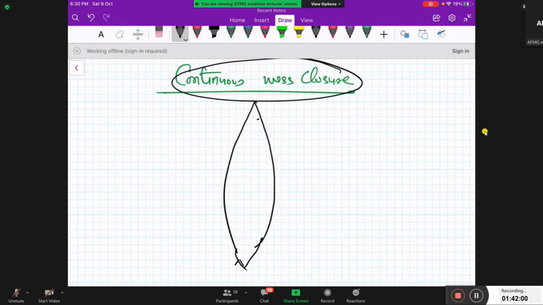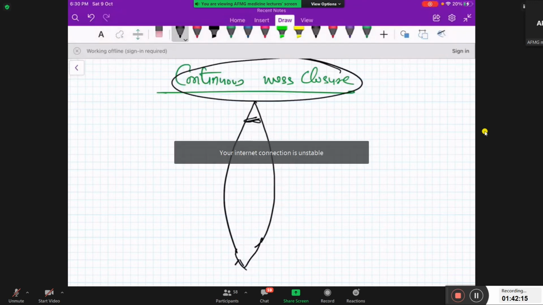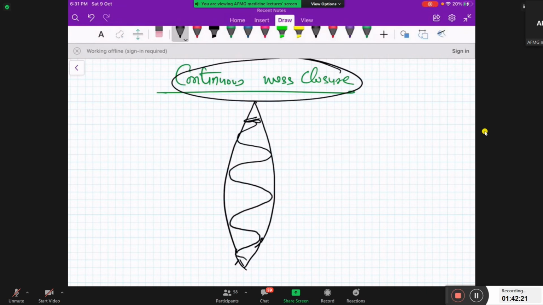Then you come to the opposite side. From the peritoneum again, you insert the needle and come out on the subcutaneous layer in one bite. Now you apply a knot here. Then the same suture will run throughout the length of the wound. This is called the continuous mass closure technique.